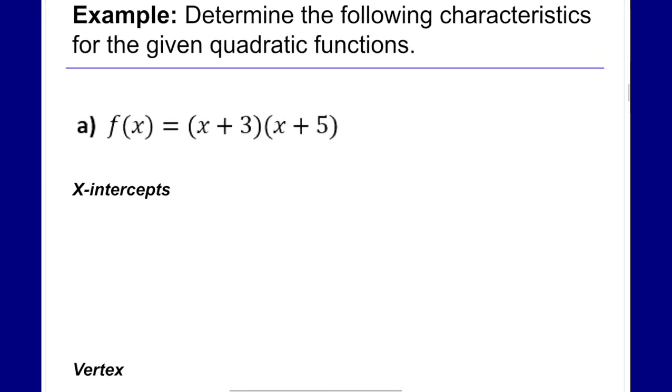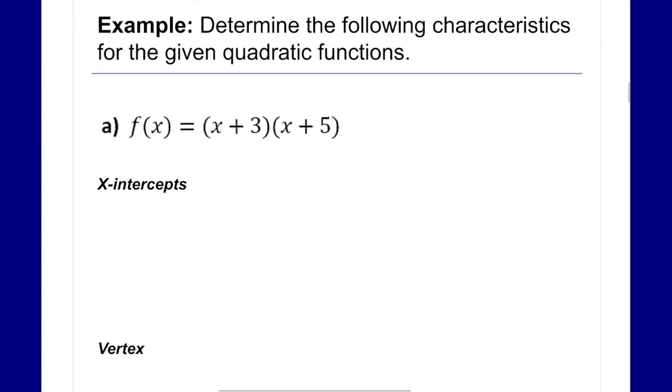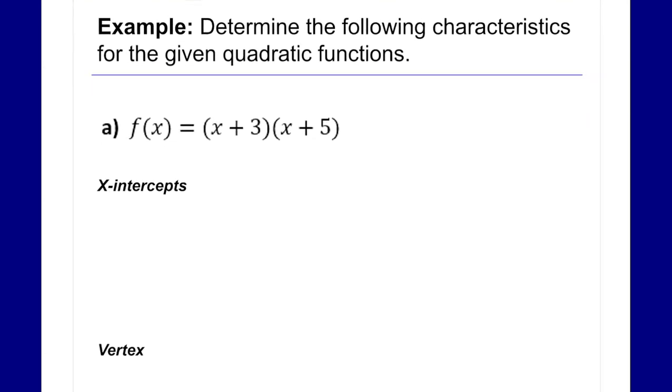So the first example: we want to determine the following characteristics for the given functions. We're given a quadratic function in factored form, f of x is equal to x plus 3 times x plus 5. Here we want to find our x-intercepts. Going back to that general form, the r and the s values are the x-intercepts.